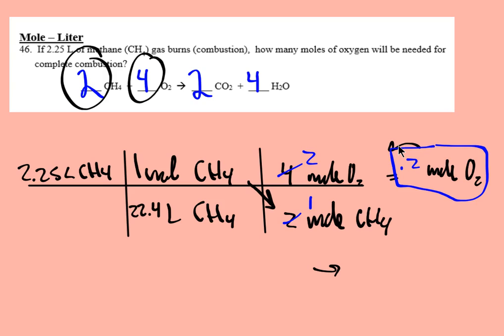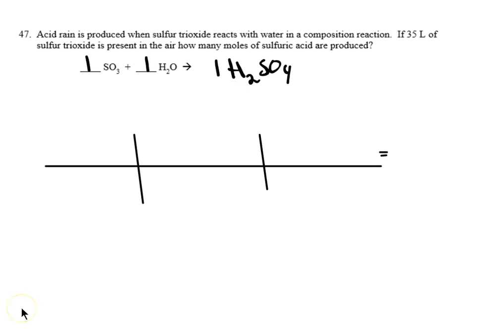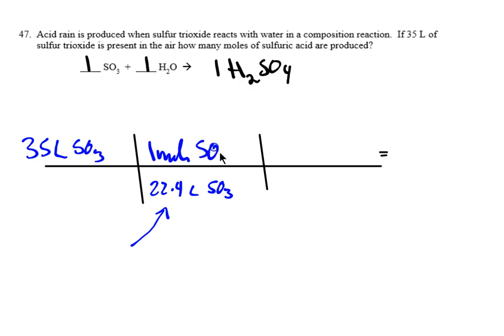Okay? On our way on the next one. Here we go, 35 liters of SO3, 22.4 liters of SO3. If you don't know where this number's coming from, it's from the periodic table. It's the constant we use anytime for liters per 1 mole of the same thing.